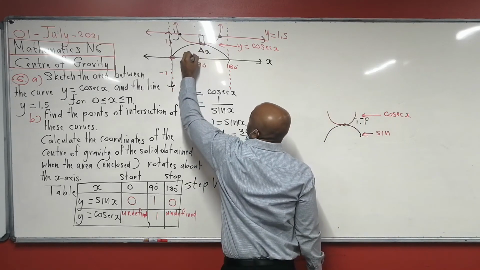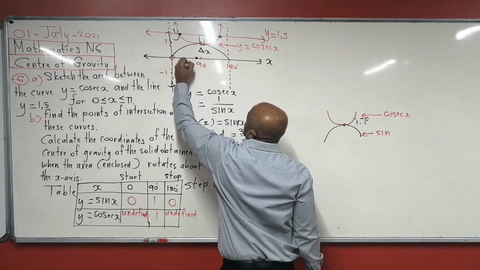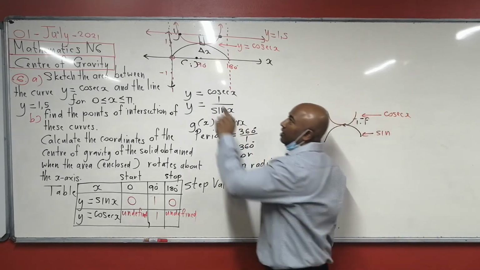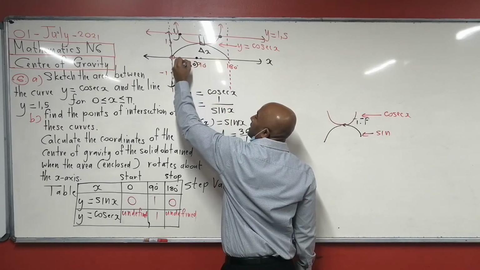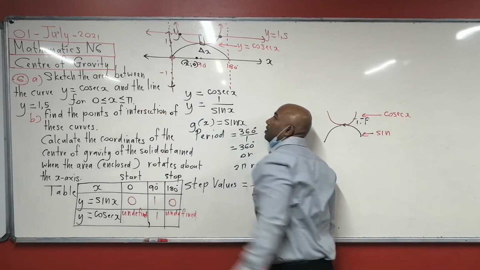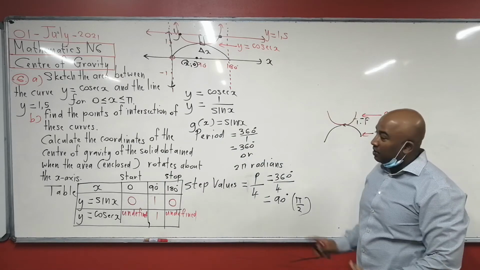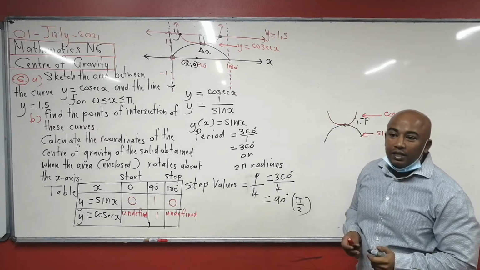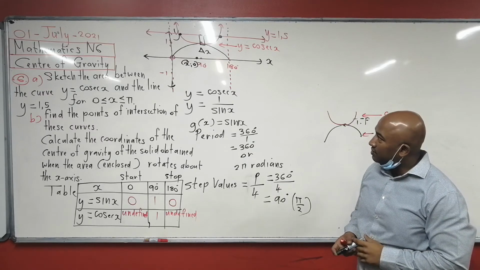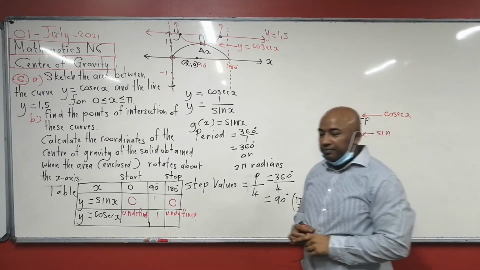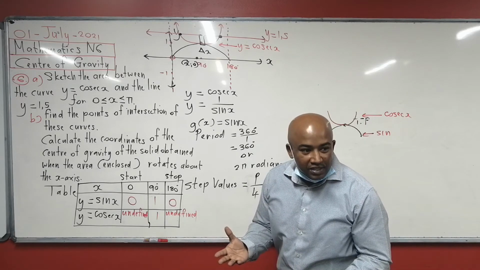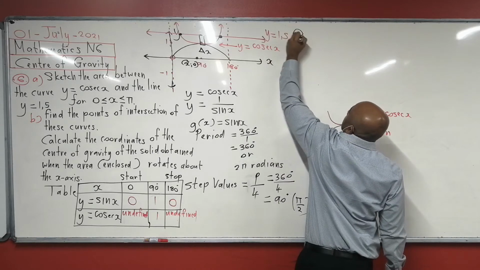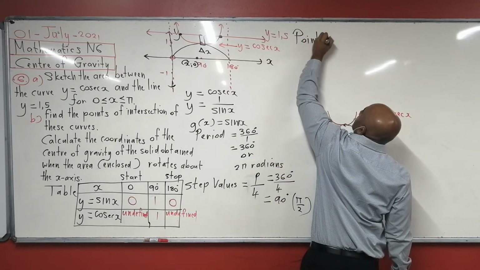Right, so we're going to be finding the coordinates of the center of rotation around the x-axis. So we know that on the x-axis, y is equal to 0. So we will find that x value. That is what we want to do at the end. But before we do that, let's find the points of intersection. Right, so how do we find points of intersection? We solve simultaneously. So now, let's do those points of intersection.